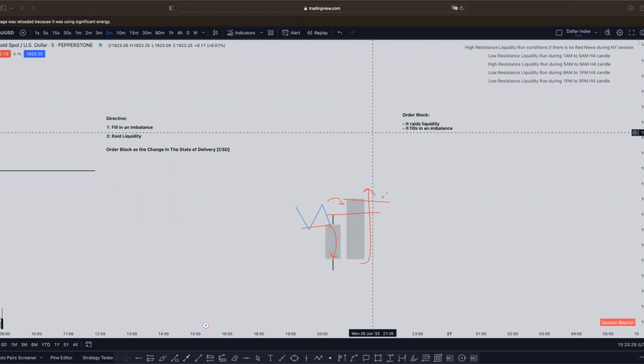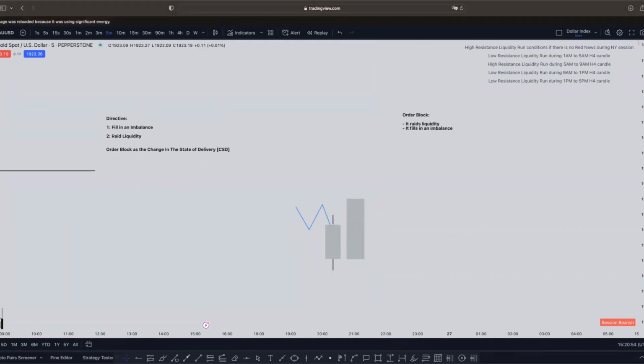The state of delivery was bearish, and now it is going above the candle that took out liquidity, meaning that there was some measure of an accumulation of longs inside of this down close candle. Those longs activated, and that leads to a change in the state of delivery, which then causes this particular candle to be your fulcrum point.